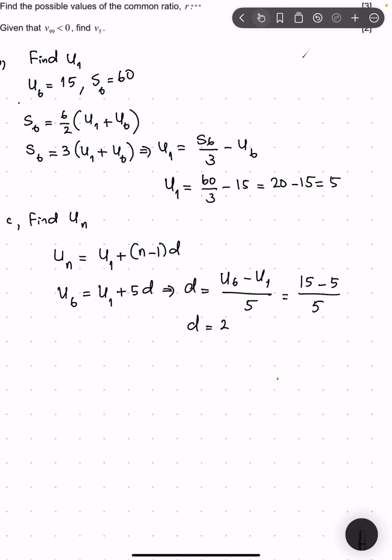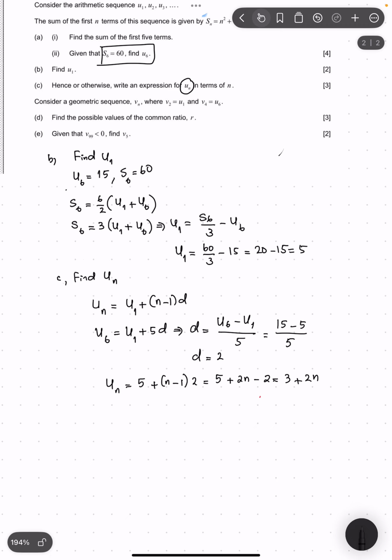Get it? So here we got Un equal to 5 plus n minus 1 times 2, which is 5 plus 2n minus 2, and it's going to be 3 plus 2n. So Un is equal to 3 plus 2n, okay?